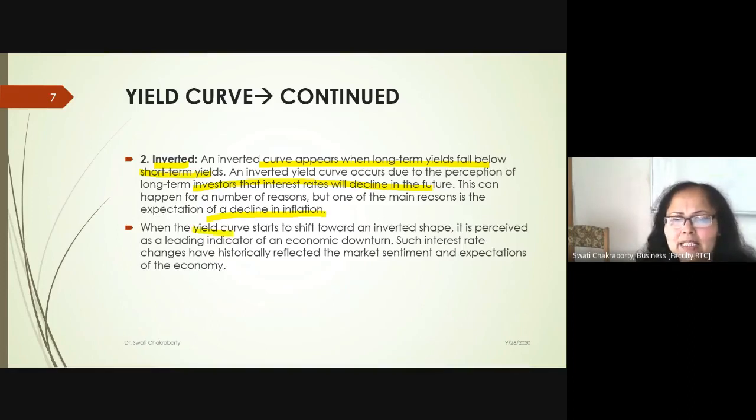When the yield curve starts to shift towards an inverted curve, it's a prime indicator that there is an economic downturn.